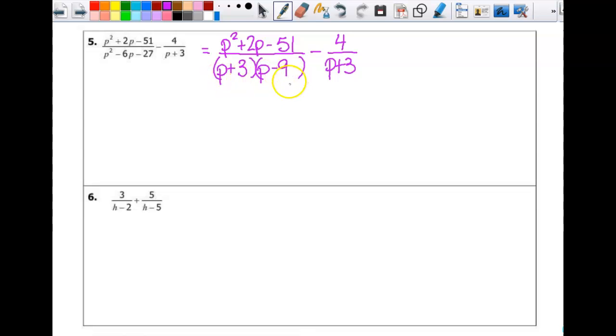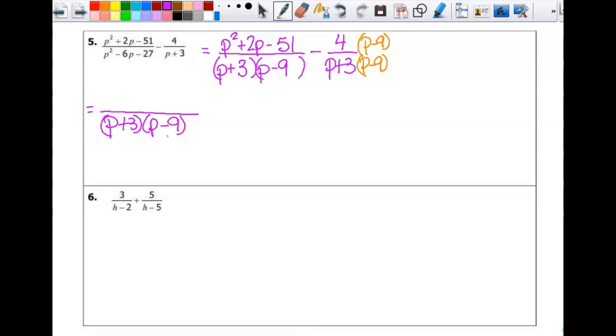P plus 3 times p minus 9, that can be my common denominator. I just need to multiply this one by p minus 9 over p minus 9. So when I do that, my common denominator then is p plus 3 times p minus 9.